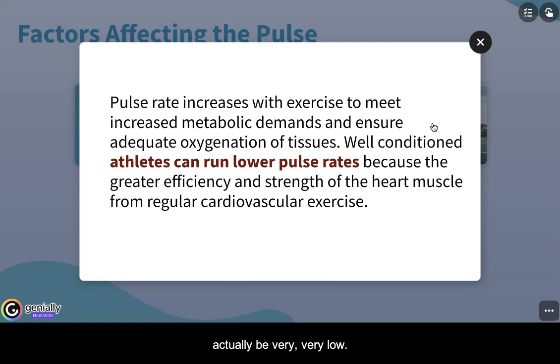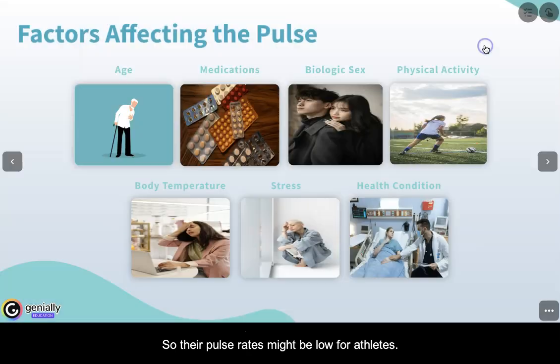That's how well they have become conditioned, right? They're very efficient, and the strength of the heart muscle is strong from regular cardiovascular exercise. So their pulse rates might be low.